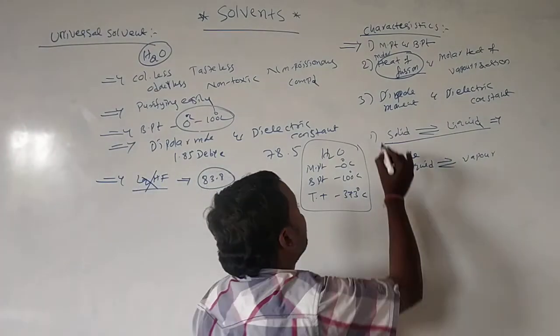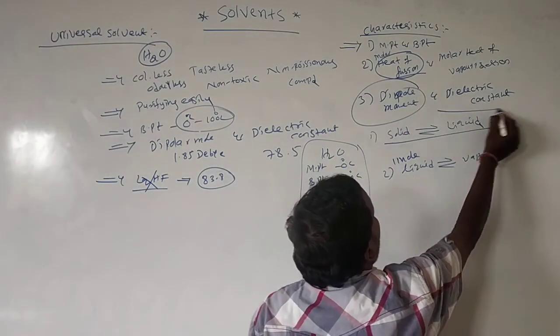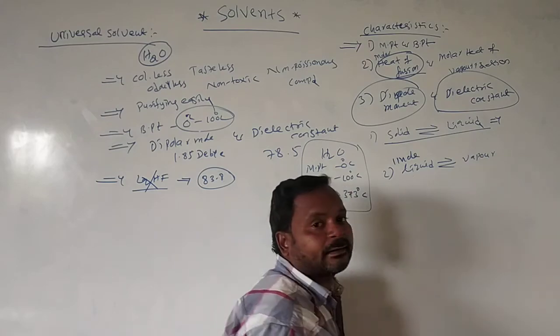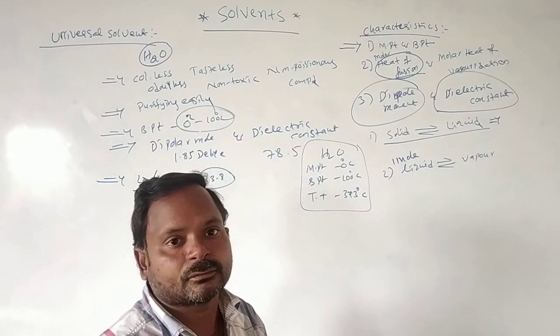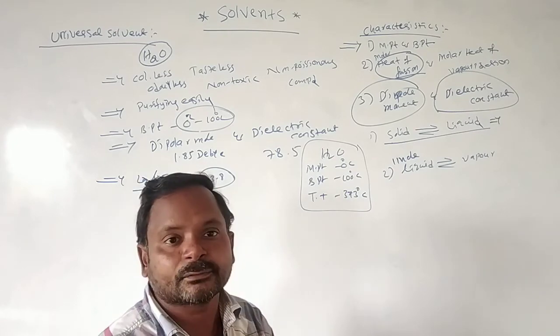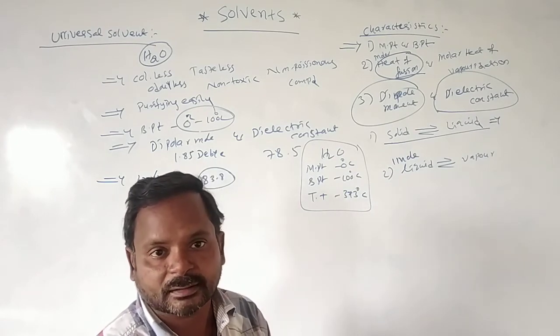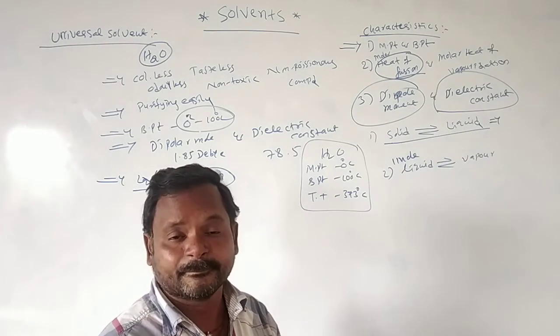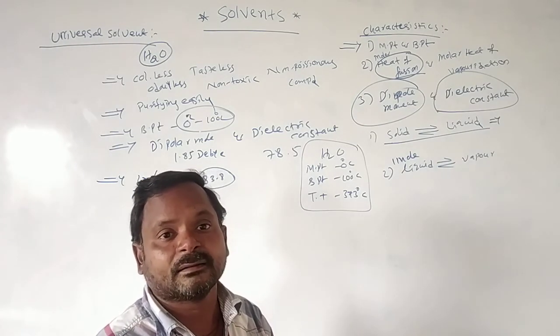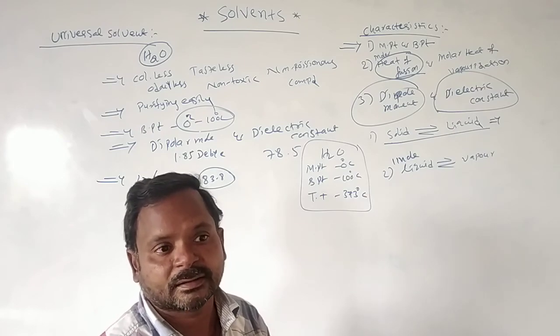Then it should maintain the dipole moment value and dielectric constant value. Which has no dipole moment value, that is non-polar. That means it has no solubility toward polar molecules.